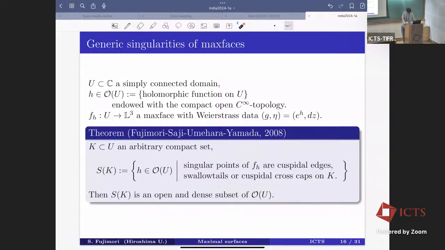Then the theorem says: let K be an arbitrary compact set, and we define S_K, the set of holomorphic functions on U so that the singular points of F_H are cuspidal edges, swallowtails, or cuspidal cross caps only, these three. Then S_K is an open and dense subset of O(U). So in this sense, we can say these three singularities are generic singularities of maxfaces.